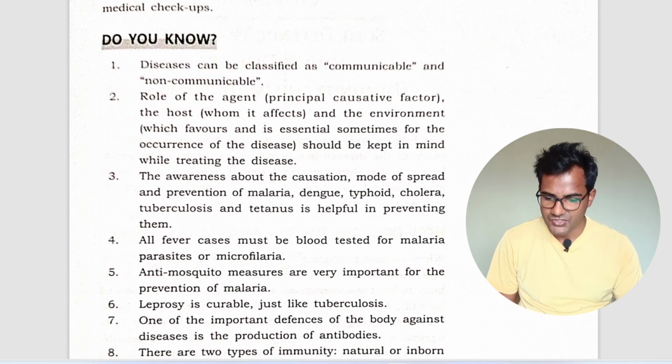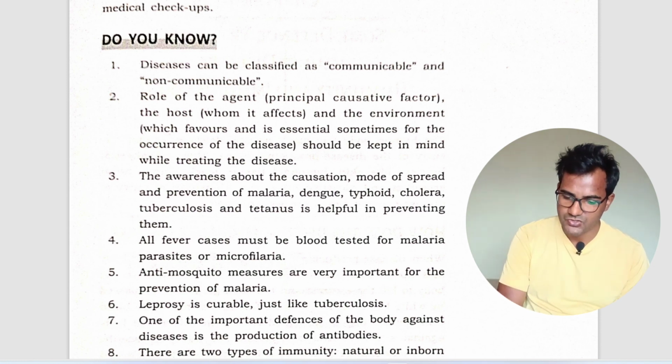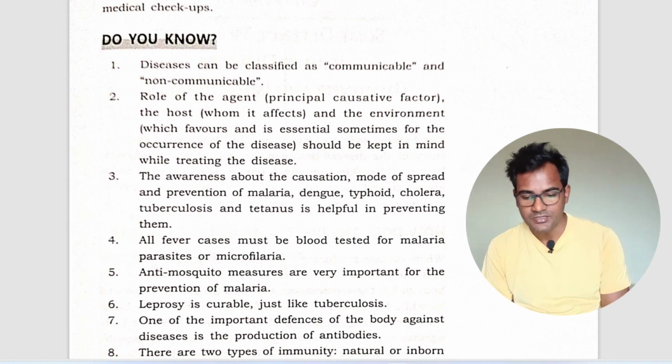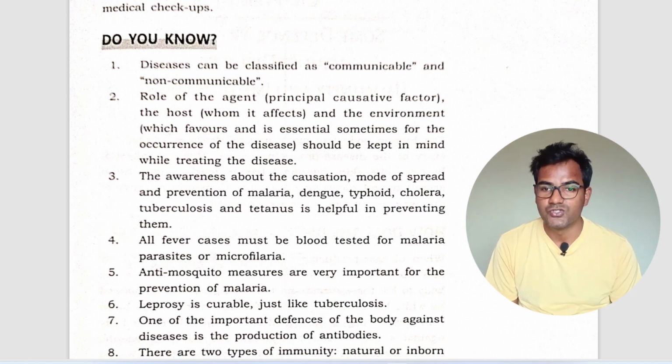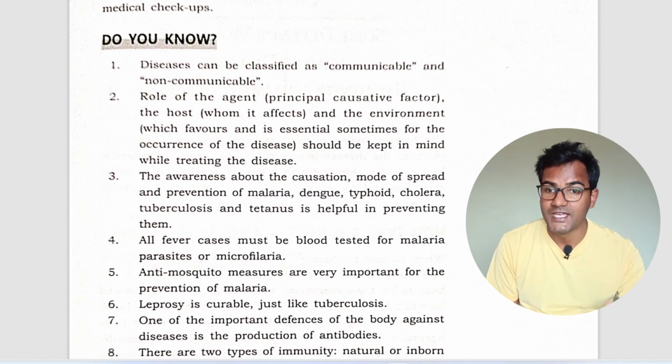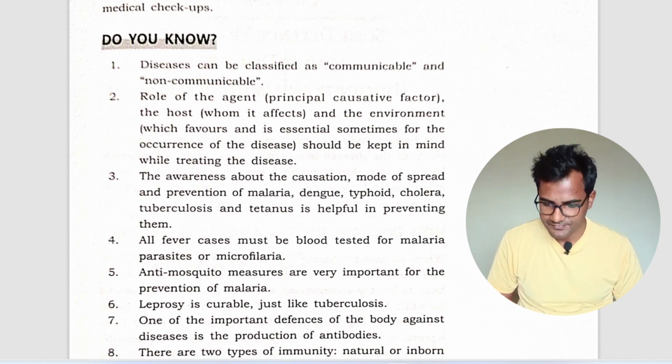The role of the agent, the principal causative factor, the host whom it affects, and the environment which favors its occurrence should be kept in mind while treating diseases. Who causes the disease, to whom the disease is caused, and what is the mode of transmission, the place or surrounding or neighborhood or ecosystem in which the disease is caused. Those things we need to understand, right?